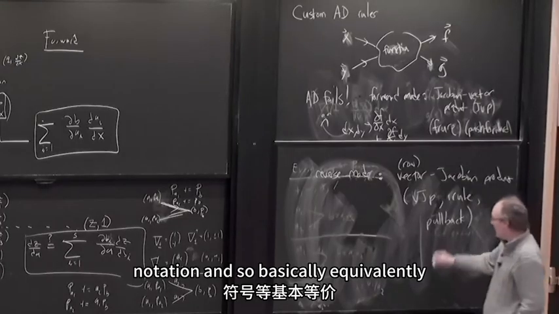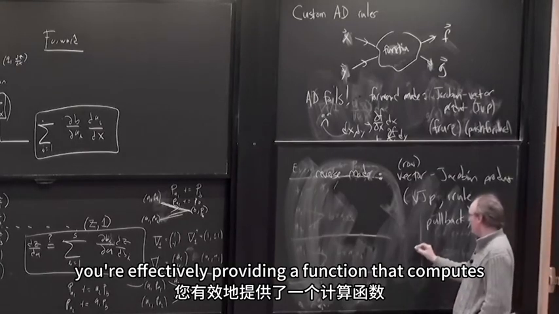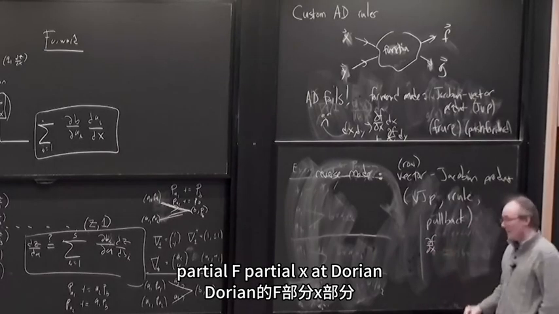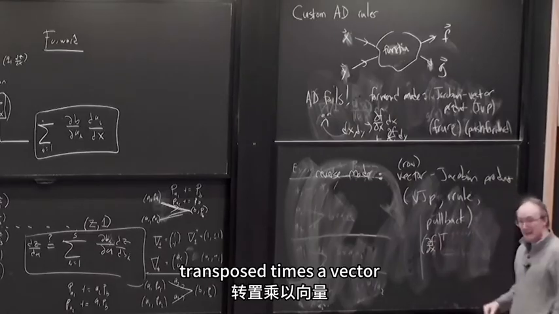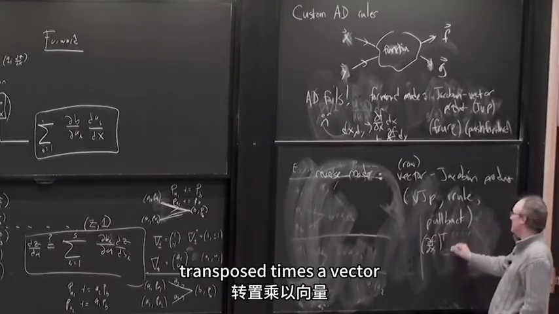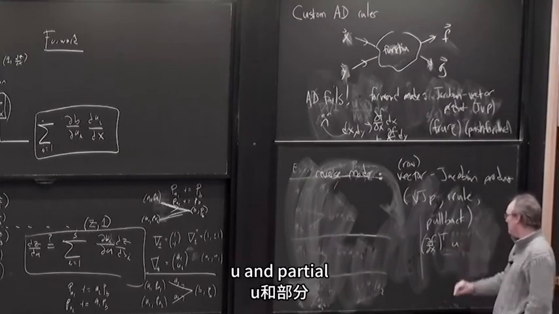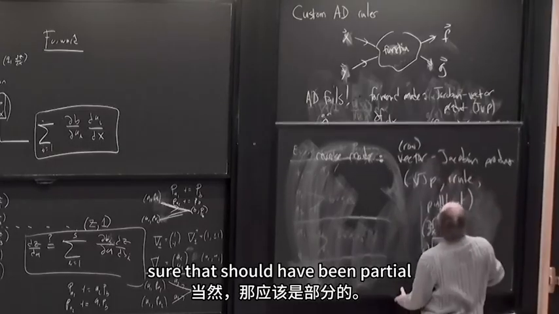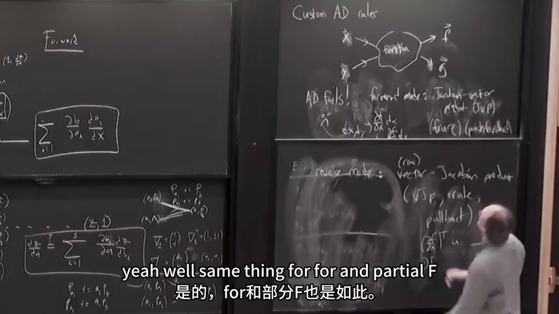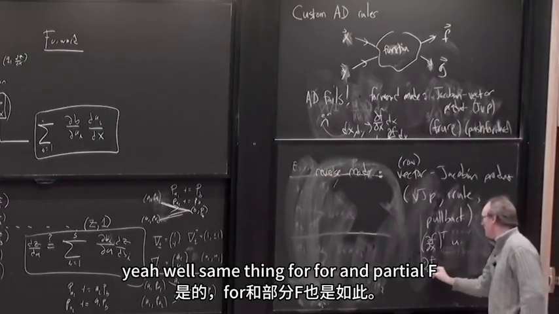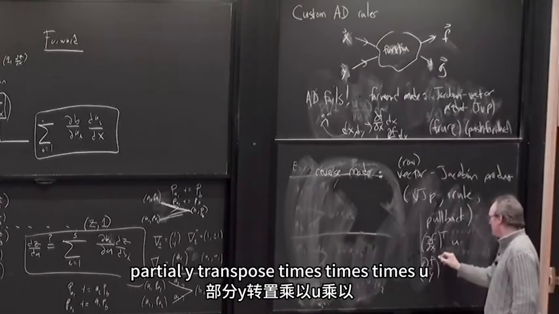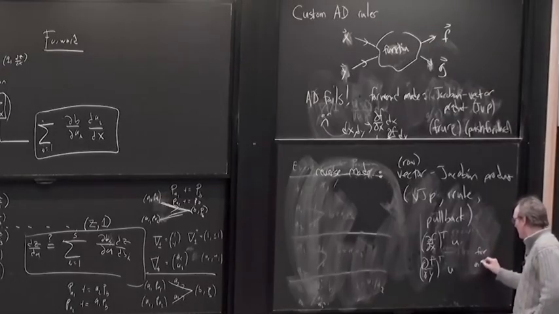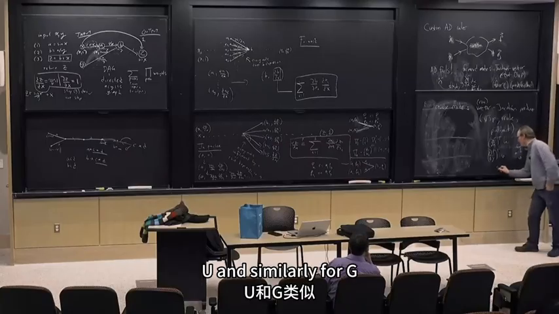Equivalently, you're providing a function that computes partial f partial x Jacobian transposed times a vector u, and partial f partial y transposed times u, for an arbitrary u, and similarly for g.